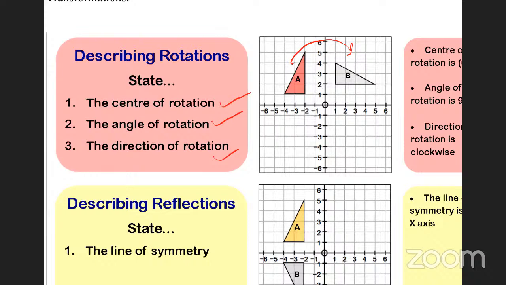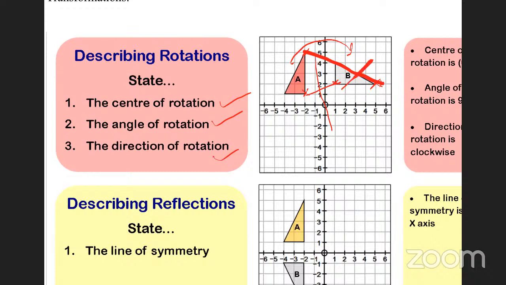Clockwise or anti-clockwise? Clockwise. To figure out the angle, connect the points that rotate. I assume that we know the center. To find it, connect the points that rotate with a line and bisect it. Connect the next two.